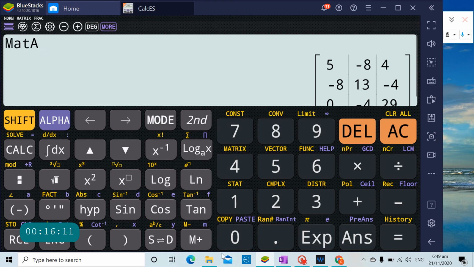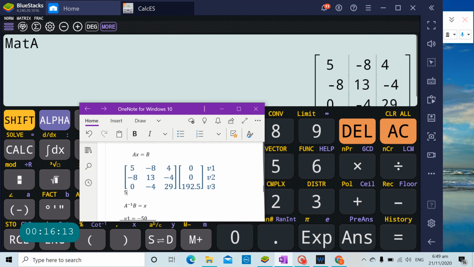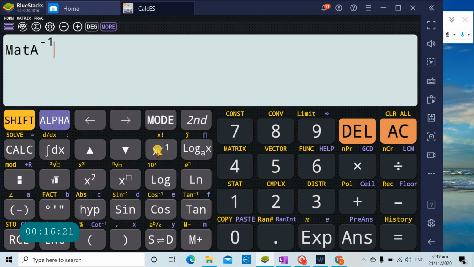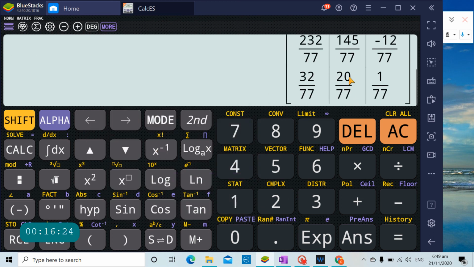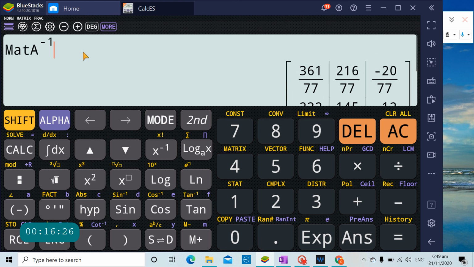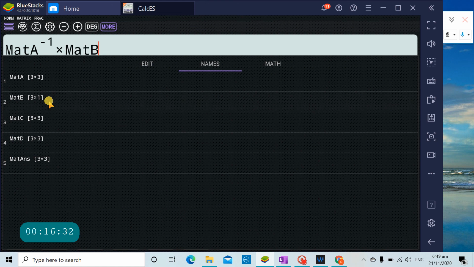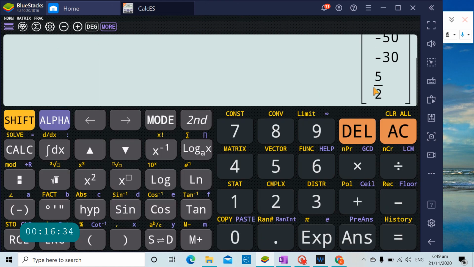According to my solution a while ago, A to the power of negative 1 times B is equal to X. So I have to put the negative 1 in here, times B. Using the B matrix, the name is B. So as you can see, the answer is 50, negative 50, negative 35 over 2.